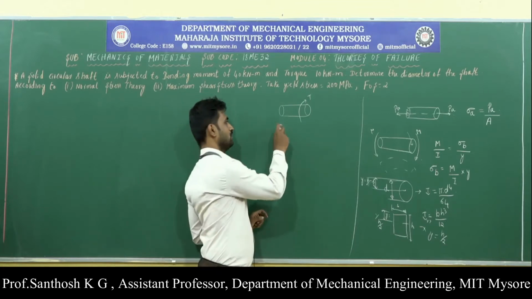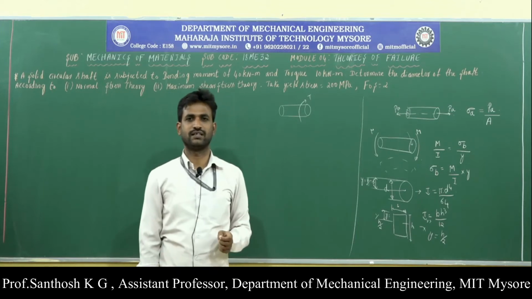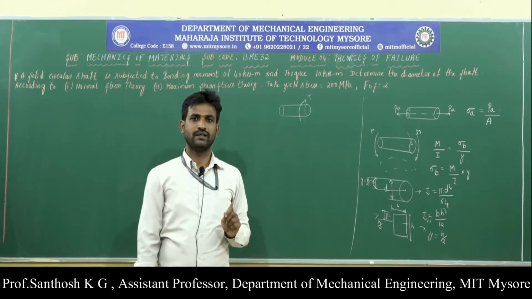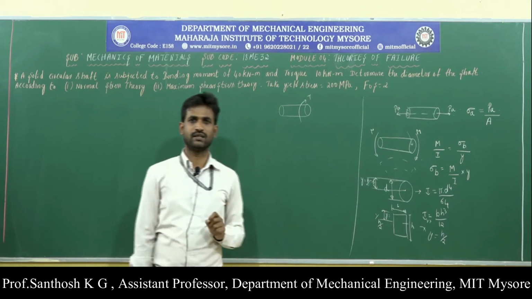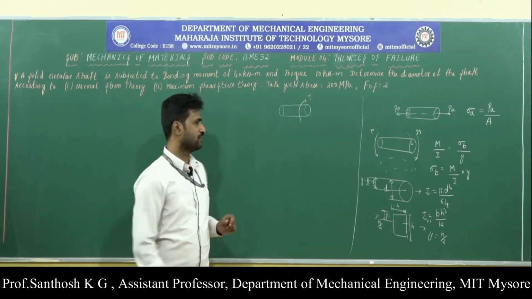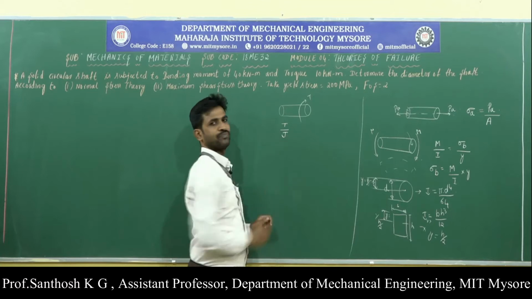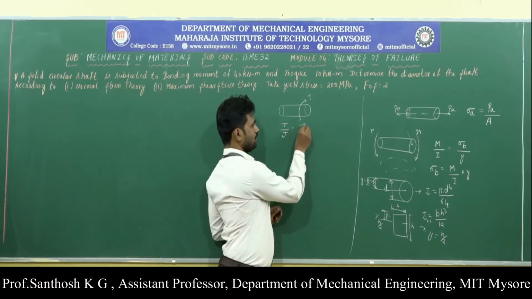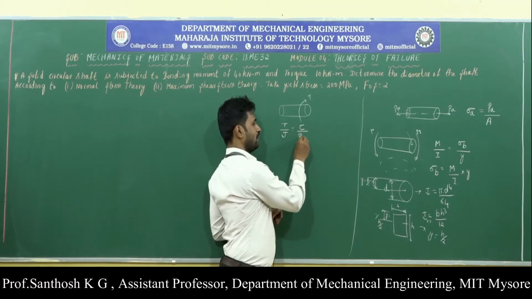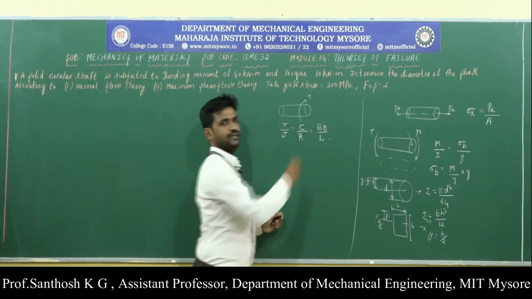We are going to call such type of stress a torsional shear stress, and in order to calculate it, we will make use of the torsional equation, which is given by T divided by J equals tau divided by R equals G theta divided by L.